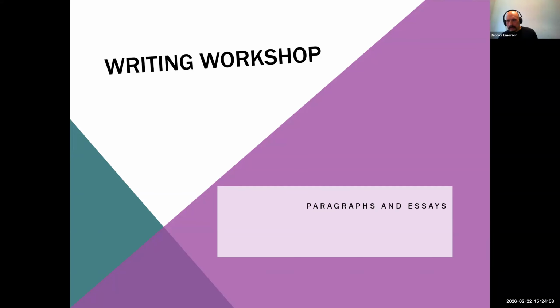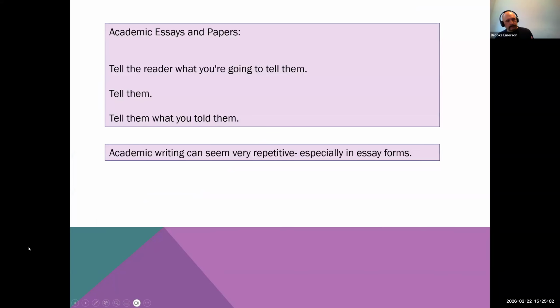I wanted to start by giving an overview: academic writing is very different from normal, everyday writing because it's very repetitive and it's almost like a formula. The good news is, once you have that formula, your academic writing will be better.